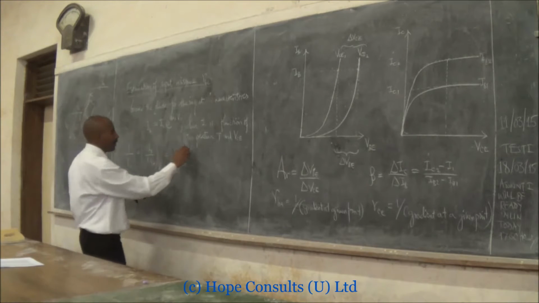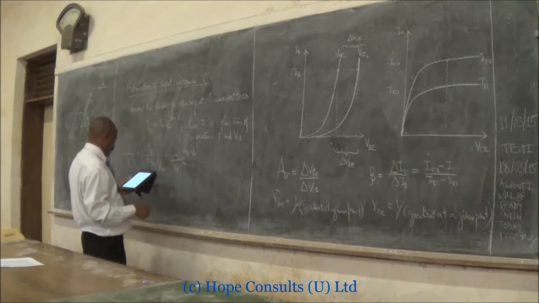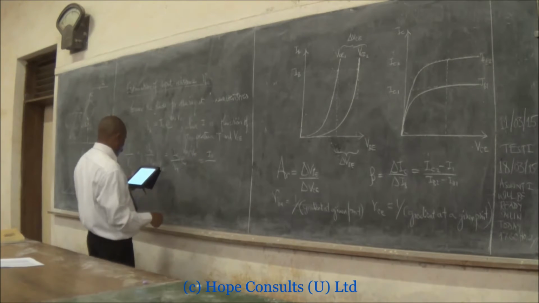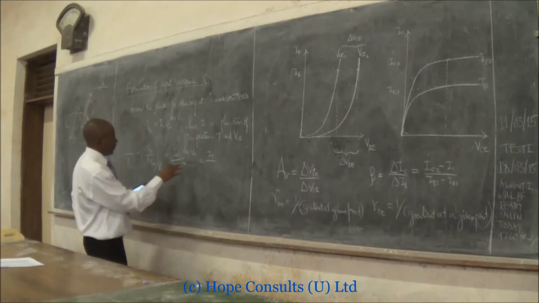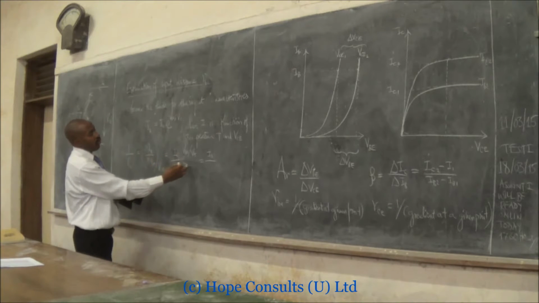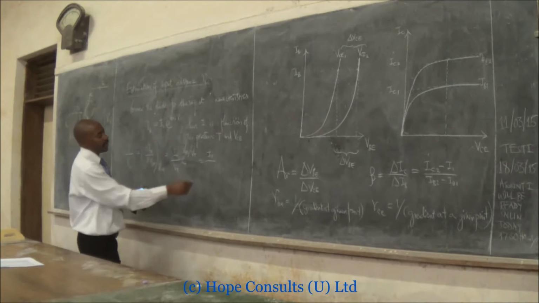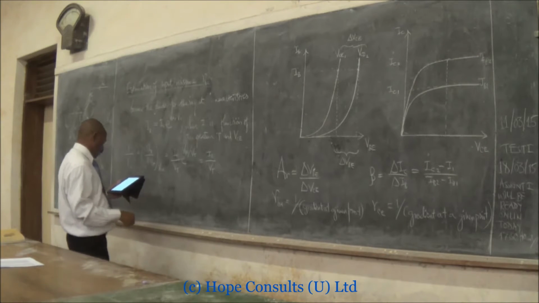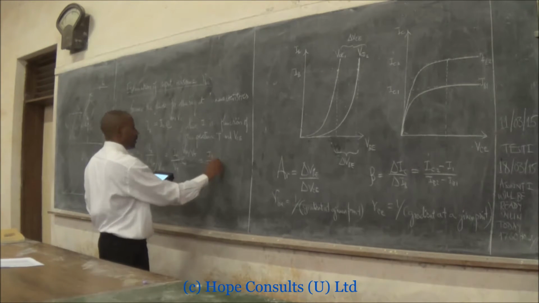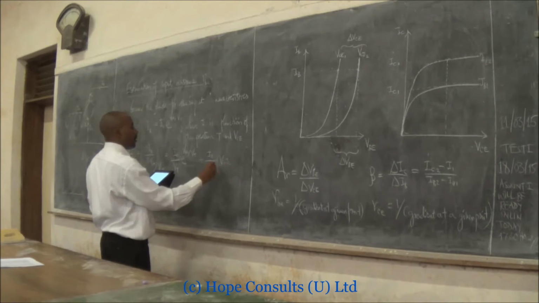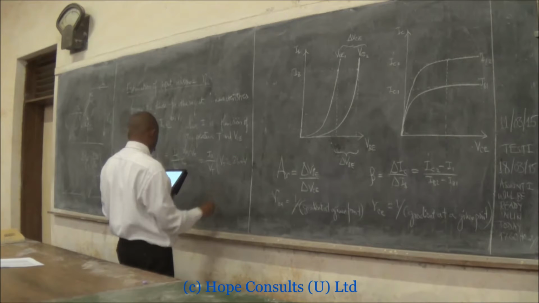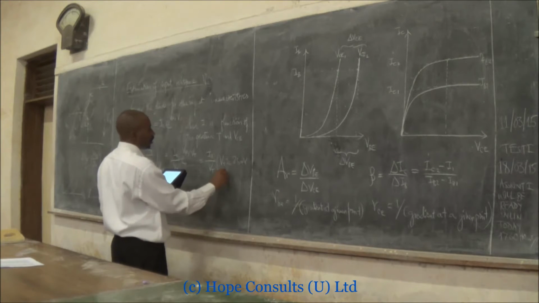This whole thing is the same as IB, so this is IB over VT. VT is about 26 millivolts at room temperature.